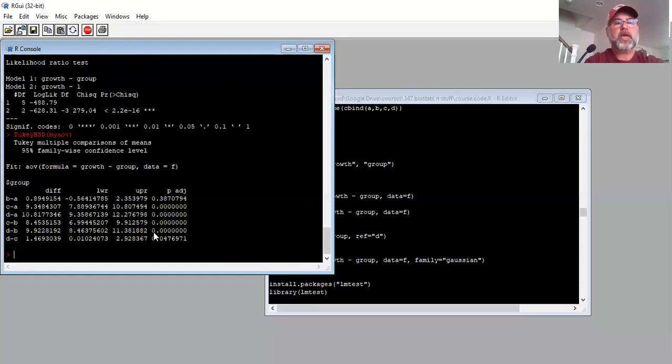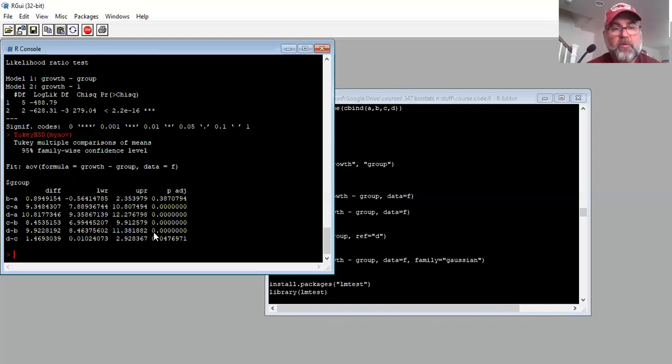Okay. And so you do an ANOVA. And remember, you can only do a post-hoc test if your overall ANOVA is statistically significant. Here it was, so we can do a Tukey's test. If it wasn't, we should not do a Tukey's test.